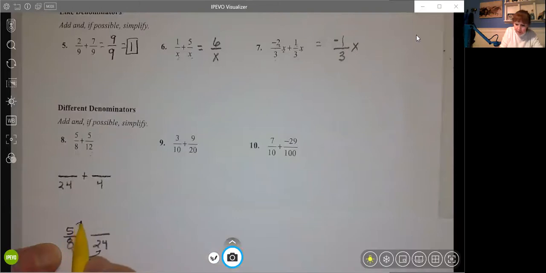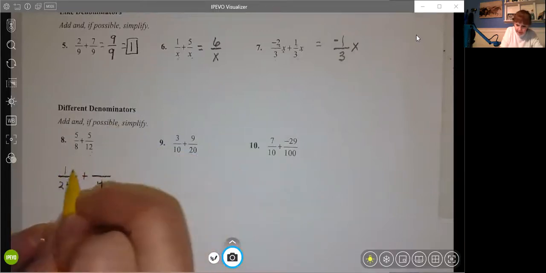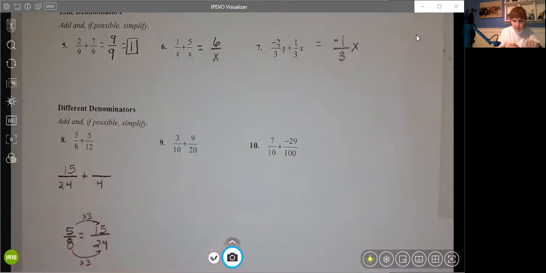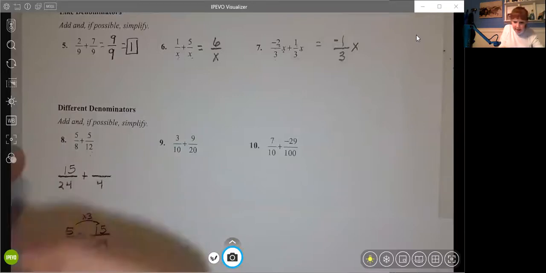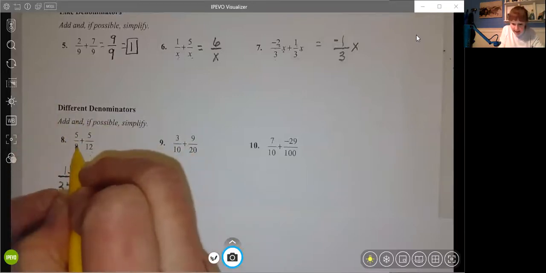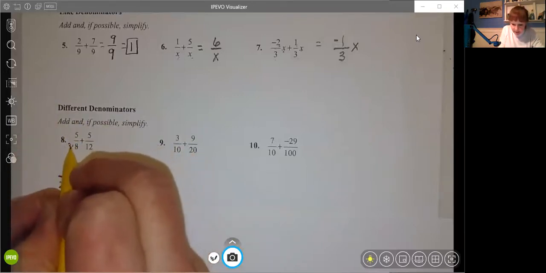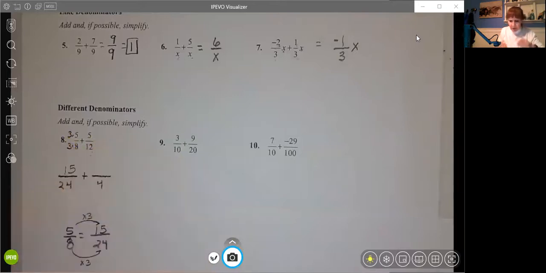So I have to multiply by 3 to go from here to my new numerator. So I get a 15. So in order for the 8 to match the 24, I took it times 3. So you have to multiply the numerator by the same thing.